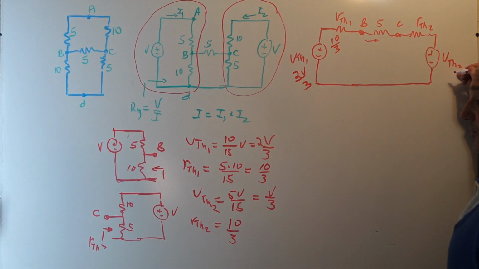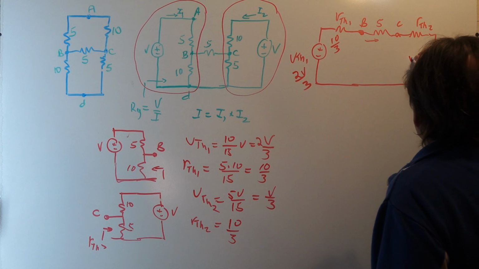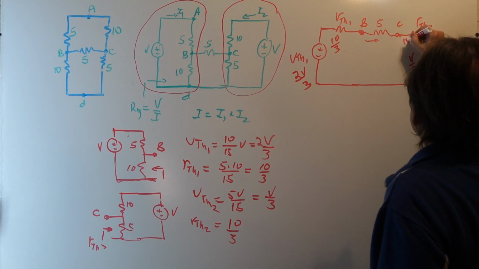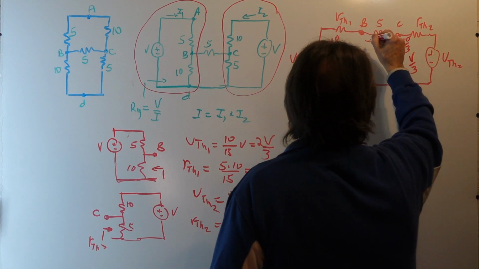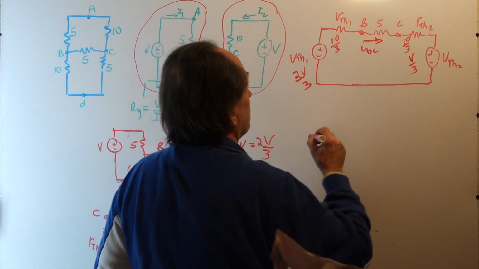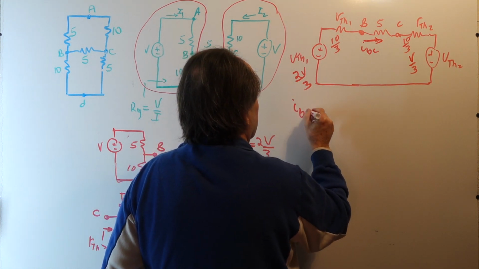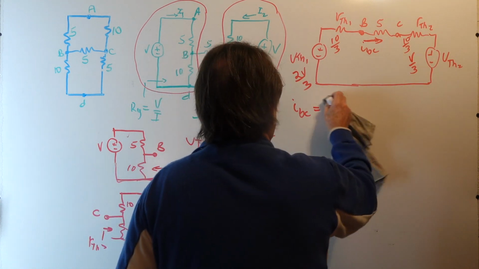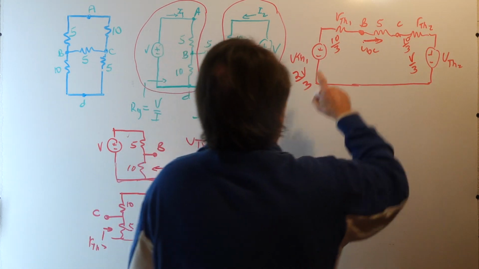So VTH2 then is V over 3, and RTH2 is 10/3. So the current, we'll call it IBC. IBC then is, well, we'll just write a loop equation going around.